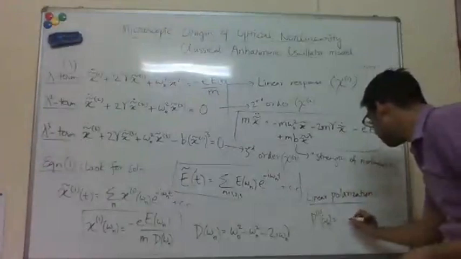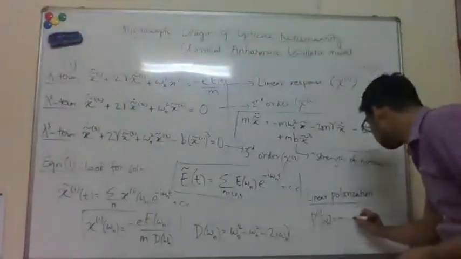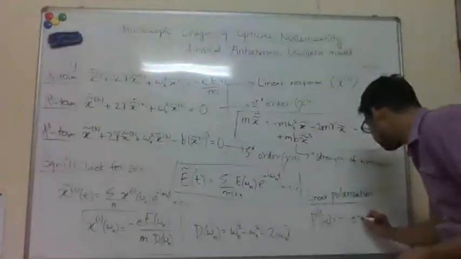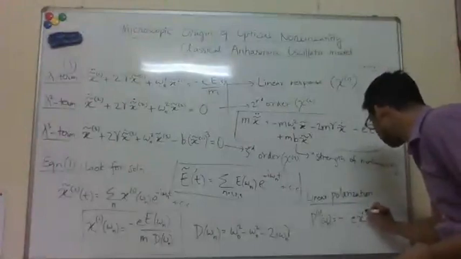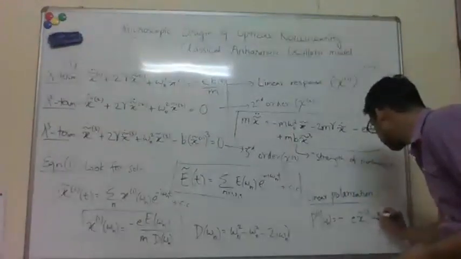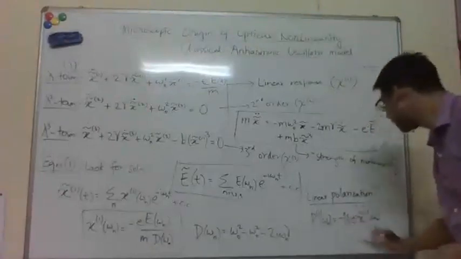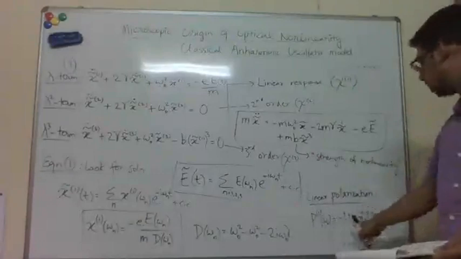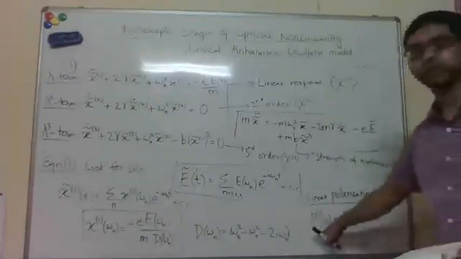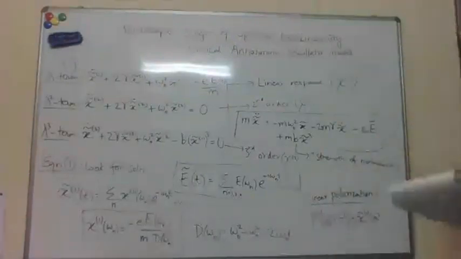So the dipole moment would be minus the electronic charge times the displacement, right? That's the atomic dipole moment. And if I multiply by the atomic density, that gives me the dipole moment per unit volume, which is polarization.